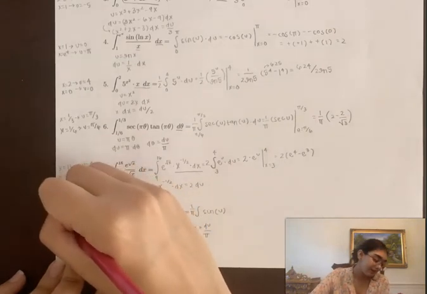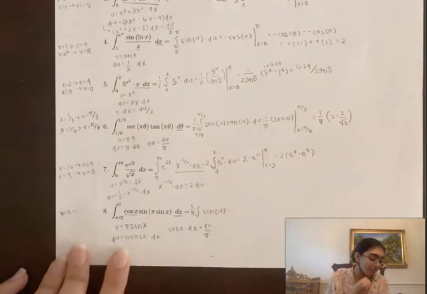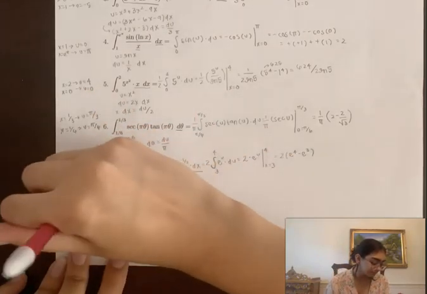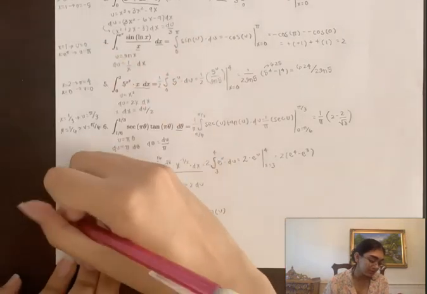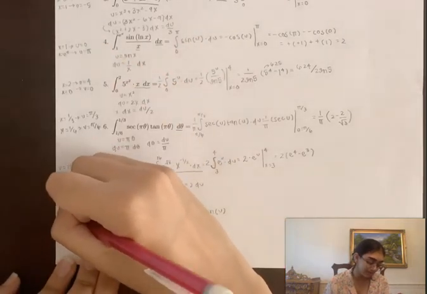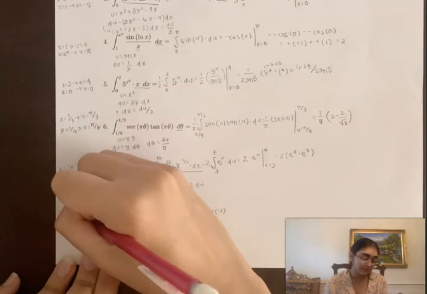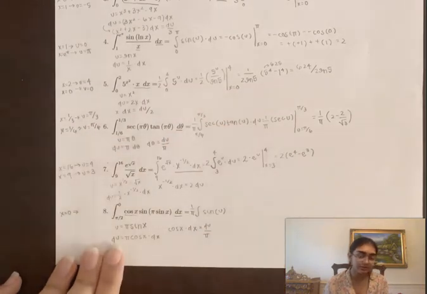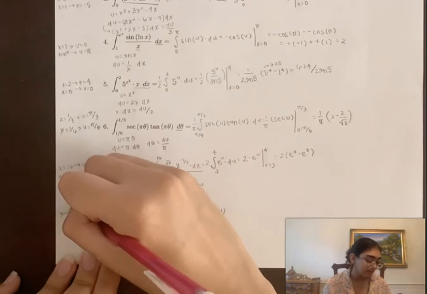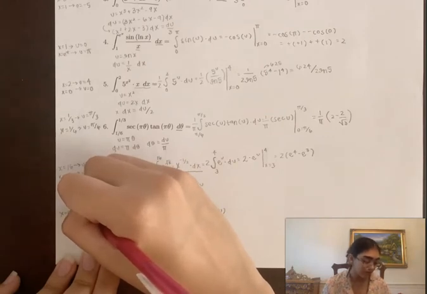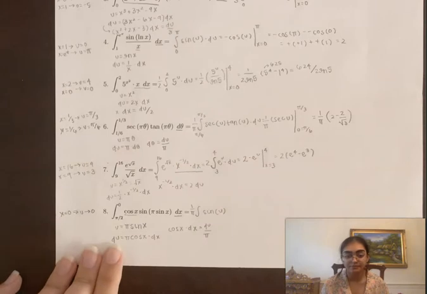Now we're going to find the u values from our original x values. So if we plug in 0 to pi sine x, pi sine of 0 is equal to 0 because sine of 0 is equal to 0. Then we're going to have pi sine pi over 2, and that's going to equal pi.